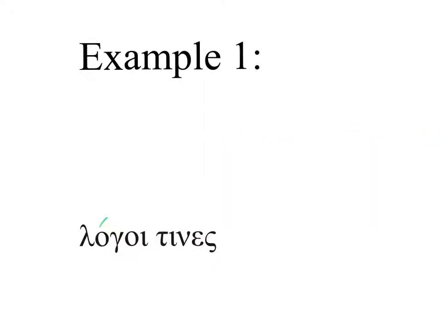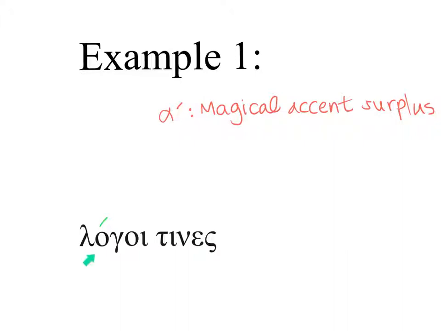Now it's time to see if rule 1 or rule alpha applies. Okay, rule alpha was magical accent surplus, which meant that it was dealing with circumstances under which you have more than one accent on word 1. So logoi would be the relevant word here.